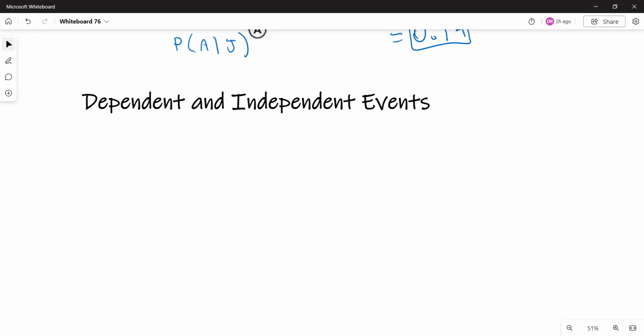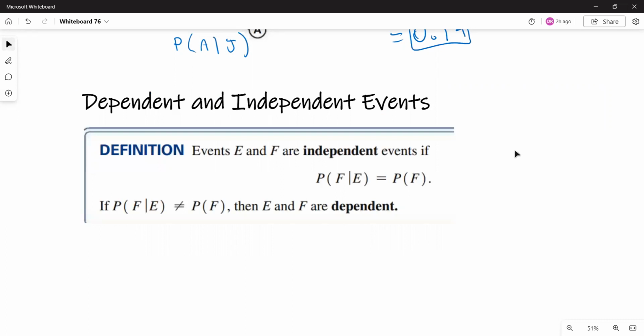Two events are going to be dependent if the outcome of an event is affected by the occurrence of another event. So that has to do with conditional probability. Let me copy that definition. That's on page 696.